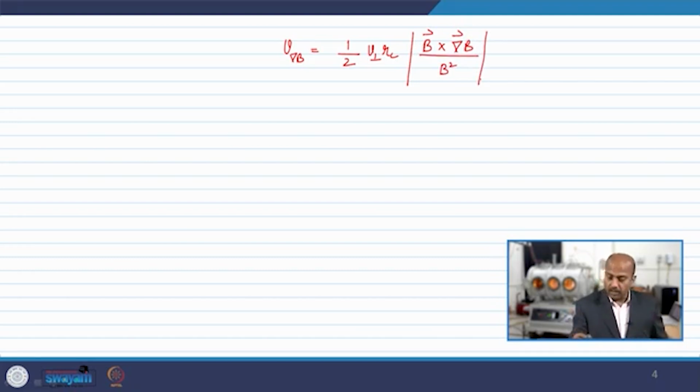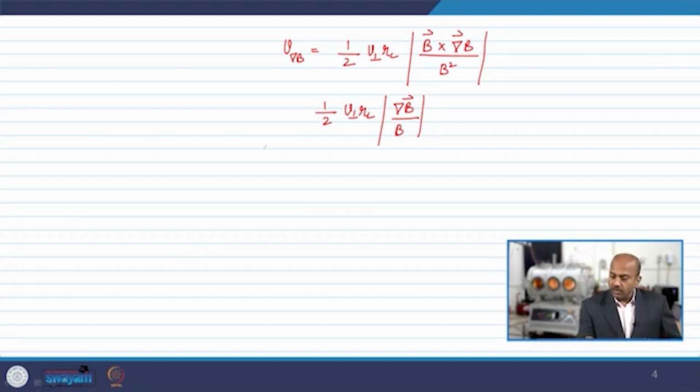We can simplify it as half V perpendicular RL times the magnitude, the absolute value, of del B by B. So, let us find out what is del B by B.